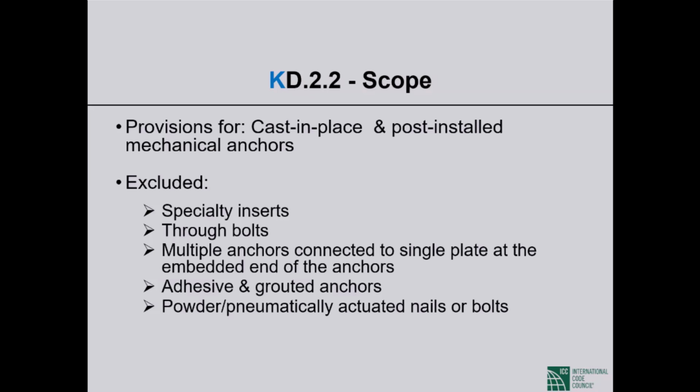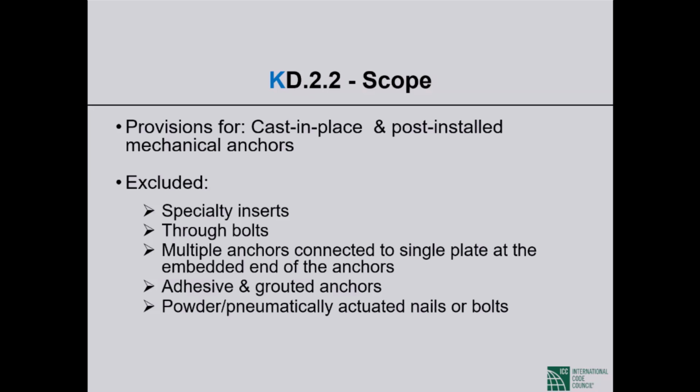Adhesive and grouted anchors, very, very popular, are not within the scope of ACI 318-08 or Appendix K of BNBC 2020. The adhesive anchors have since come into ACI 318 Appendix D, which is now Chapter 17, starting with ACI 318-14. So adhesive anchors are now within scope, but we are talking about 318-08.